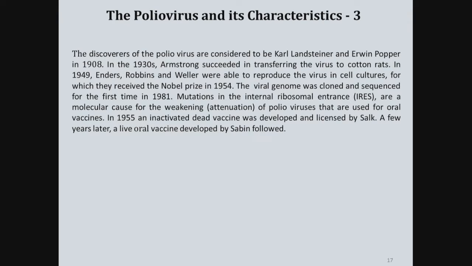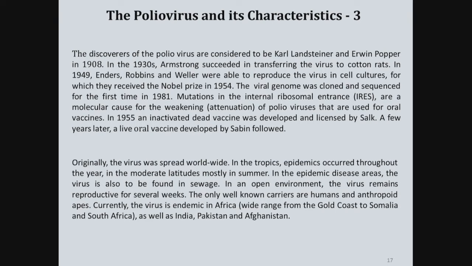The viral genome was cloned and sequenced for the first time in 1981. Mutations in the internal ribosomal entry site, IRES, are a molecular cause for the weakening, attenuation, of polioviruses that are used for oral vaccines. In 1955, an inactivated dead vaccine was developed and licensed by Salk. A few years later, a live oral vaccine developed by Sabin followed.